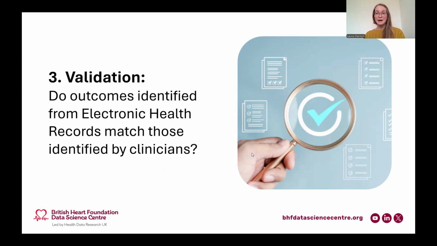Then we can compare the outcomes which have been identified manually by clinicians versus the outcomes identified automatically by our phenotype definition. And if our phenotype performs well, then we know that it's a reliable tool that saves time, money, and participant burden. And so far, for our heart attack algorithm, we've validated it and shown that it performs extremely well.